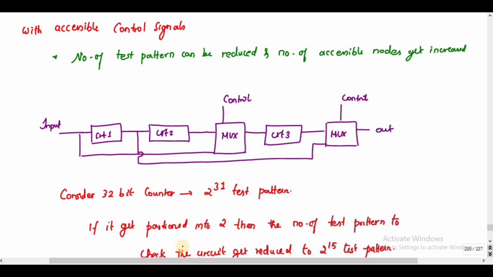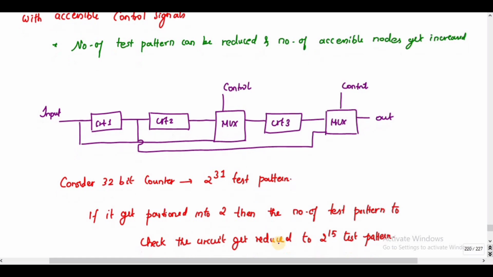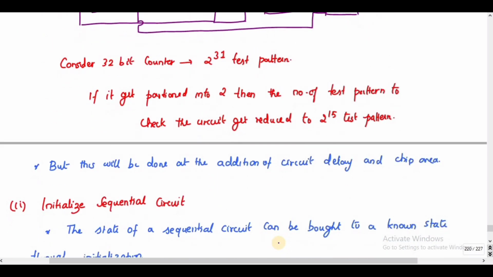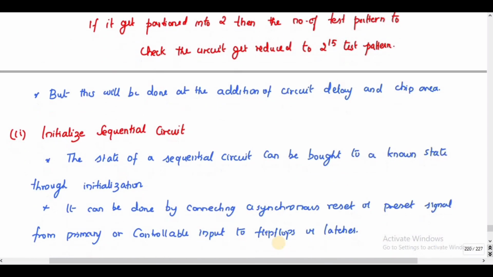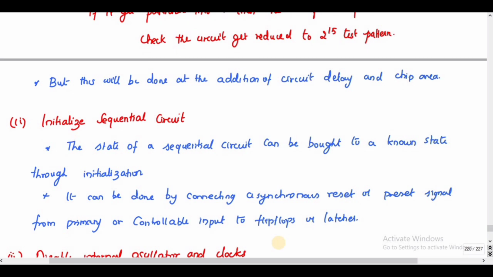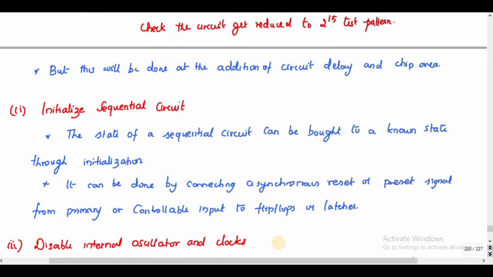Here is another example: the total circuit is reduced into 3 parts, and I have inserted a 2:1 mux with the help of a control signal. So the number of accessible nodes increases and the number of test patterns is reduced. But this technique adds circuit delay, and it increases the chip area.